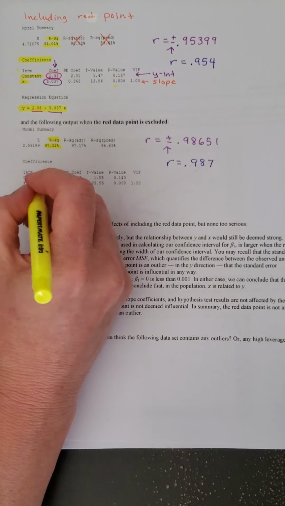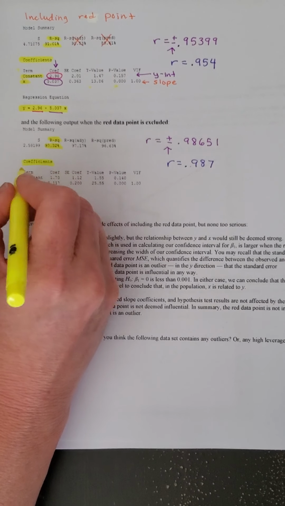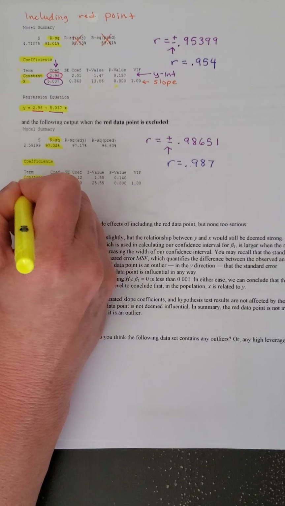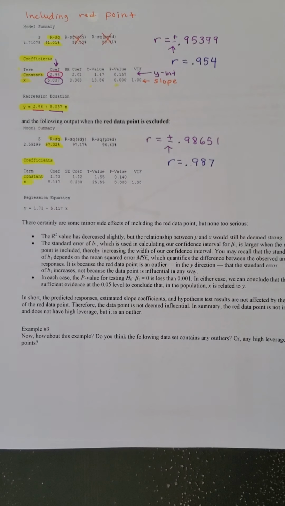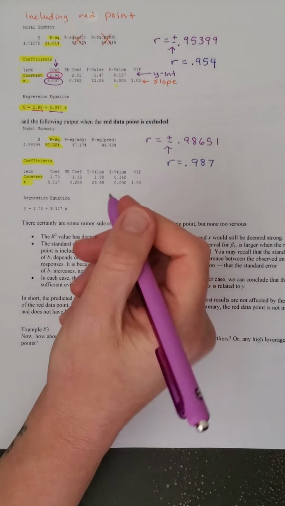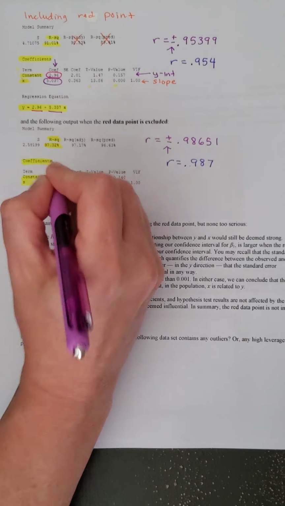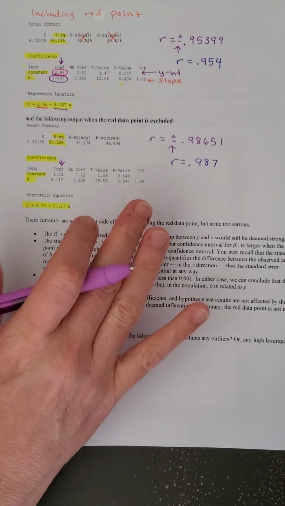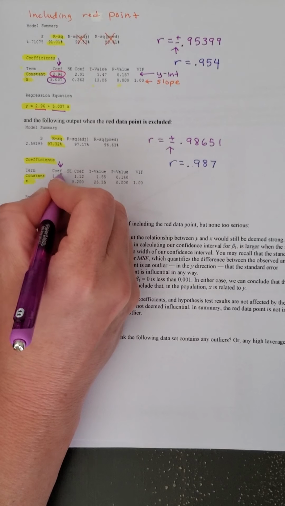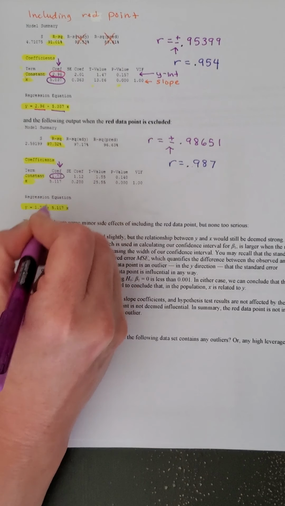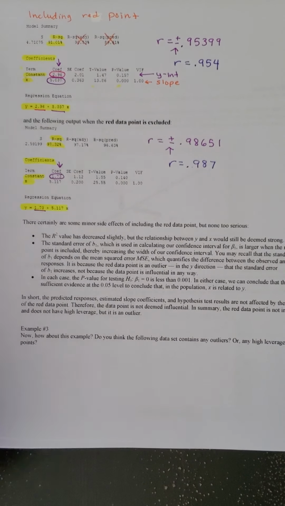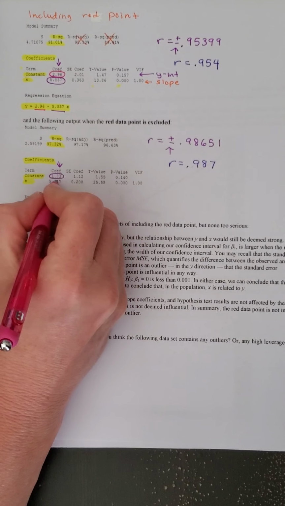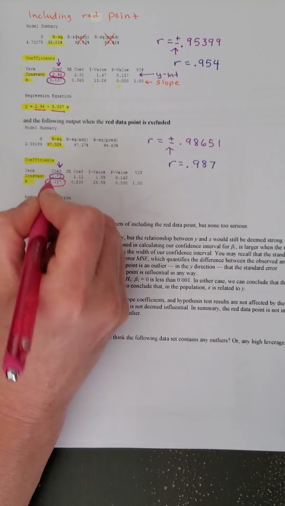And again, this column is really important to us. We've got our constant and then the x, and we need to be able to recognize where those values show up in your regression equation, which is right here. And so those values are the 1.73 is your y-intercept, and the slope is 5.177.